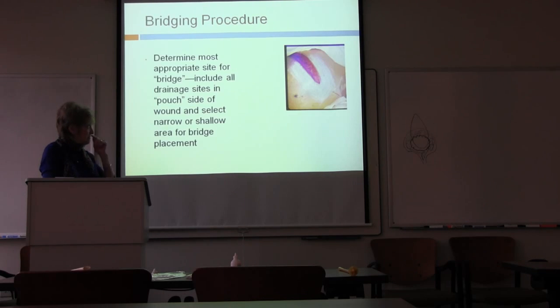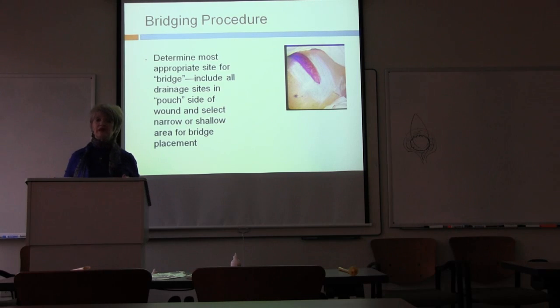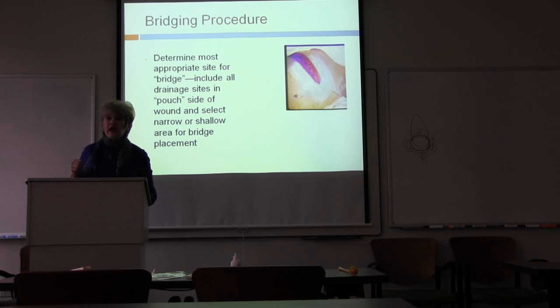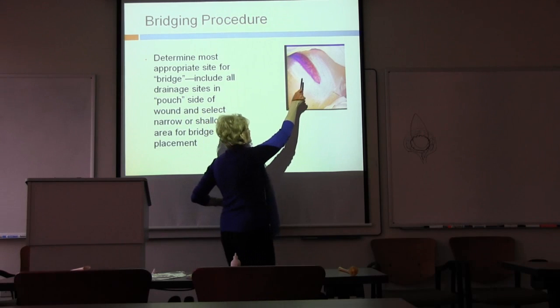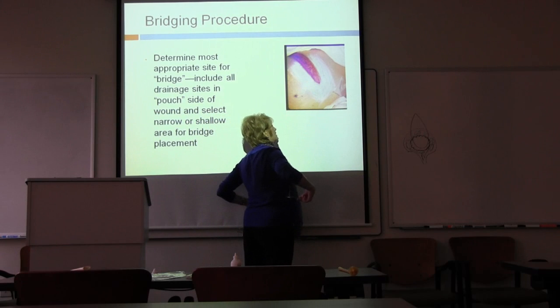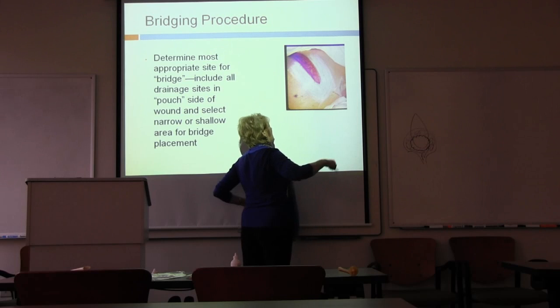So let me tell you about this patient. She was post-liver transplant. She had a wound that started on the right mid-axillary line and came all the way across her abdomen to the left mid-axillary line. She had a fistula, a biliary fistula that was right here, so very close to the end of the wound on the right.